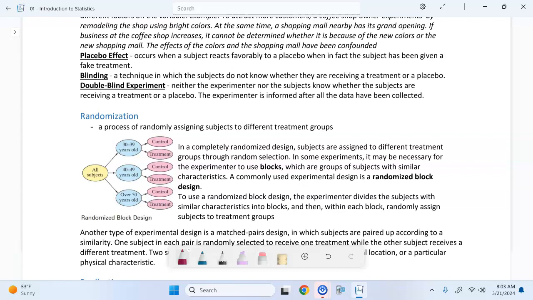We want to make sure that we have an equal number of men and women, young and middle-aged and old, employed and unemployed, well and sick. We want a good variety, preferably equal amounts of every type of feature in both the control group and the treatment group. So we randomly assign subjects to different groups.